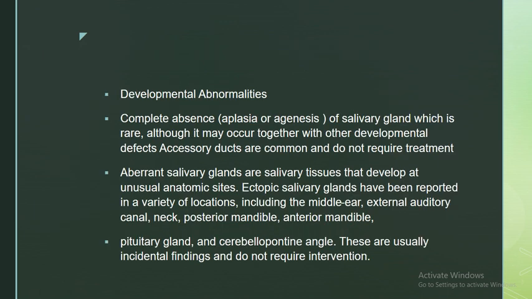Okay, we will start from the developmental abnormalities and move through the disorders of the salivary glands up to serious problems, which are tumors, whether benign or malignant. Regarding developmental anomalies, it might be either complete absence, aplasia or agenesis of the salivary gland, which is rare, although it may occur together with other developmental defects.